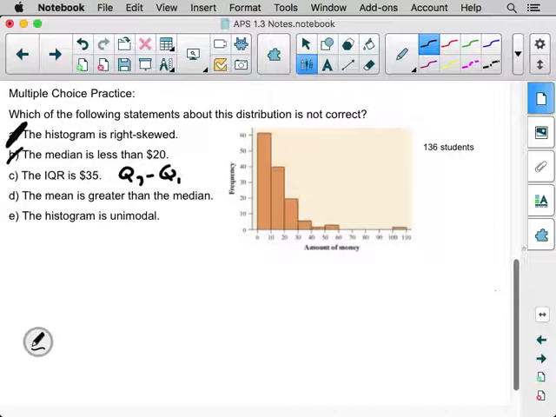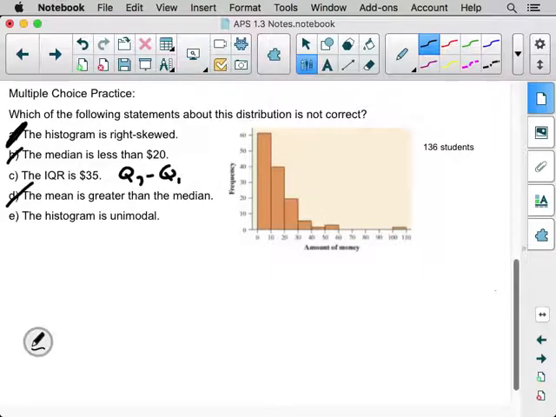D, the mean is greater than the median. Well, that's something we talked about yesterday, right? Looking at the shape of something can give us an indication of what's happening to the mean. Isn't the mean going to get pulled by the tail, pulled by the outliers? So wouldn't this actually be true? The mean is being pulled up compared to the median?